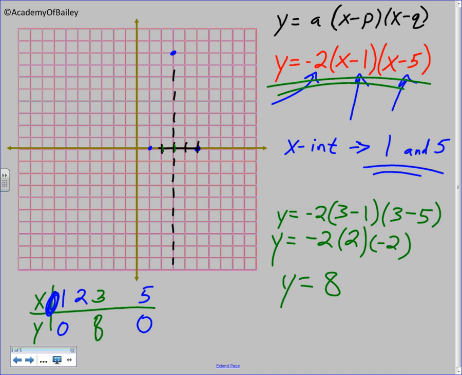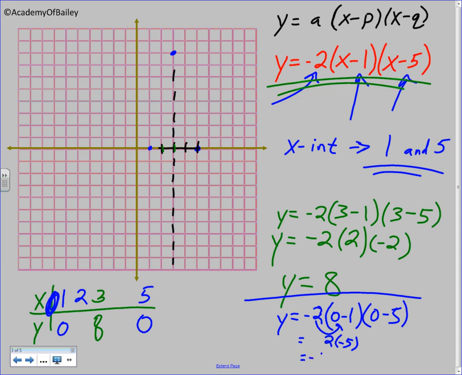So if x is 0, y is equal to -2, 0 minus 1, 0 minus 5. And let's work that out. So we have -2 times -1, which is a +2, times -5, and that is going to be a -10. (0, -10). I think there's 10 spaces there. 2, 4, 6, 8, 10. Yep. (0, -10).